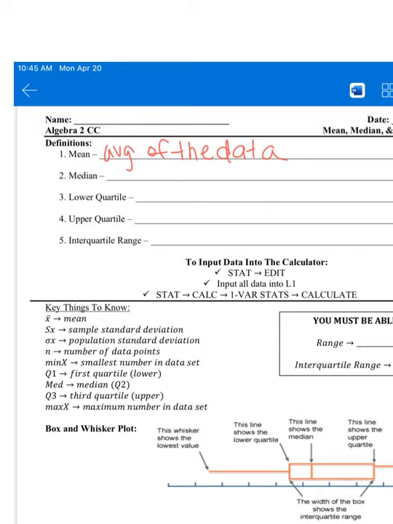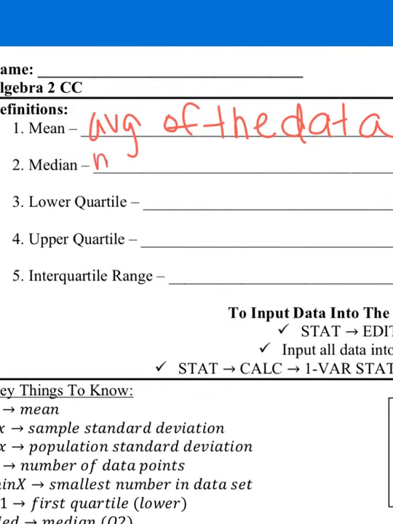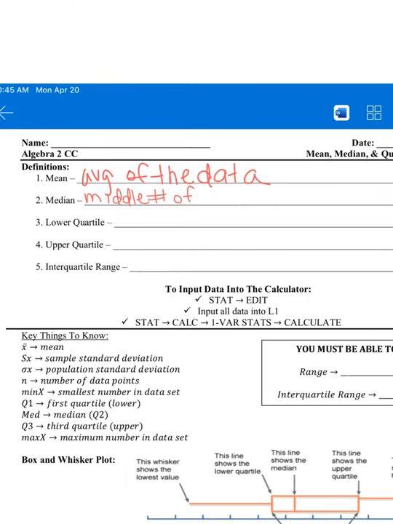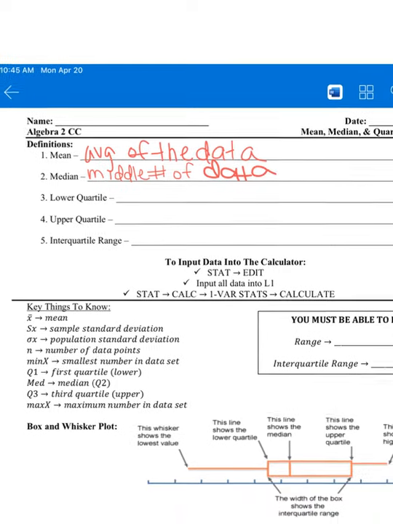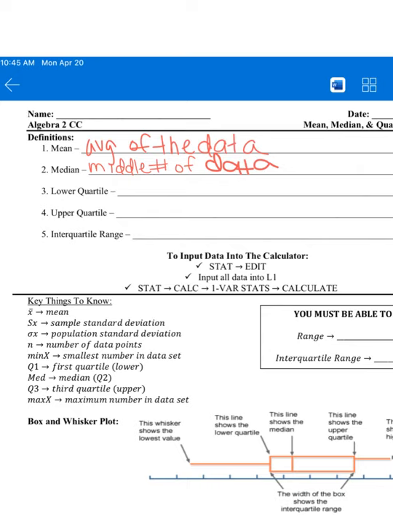So that's the middle number of data. Okay. So that splits it in half, right? That represents 50%. That number represents the middle, so that's 50%. The bottom half of that, right?